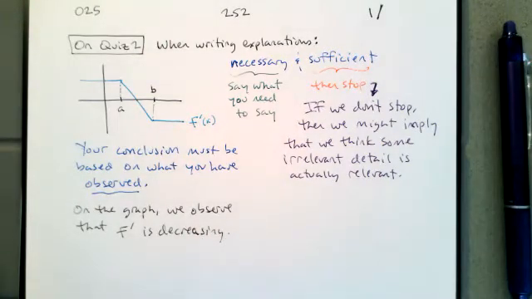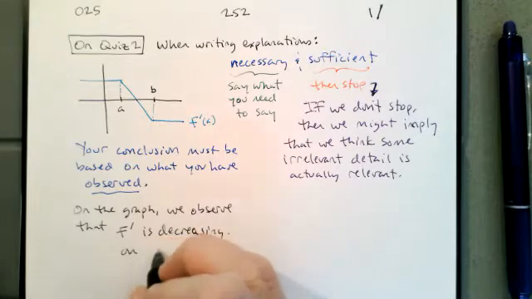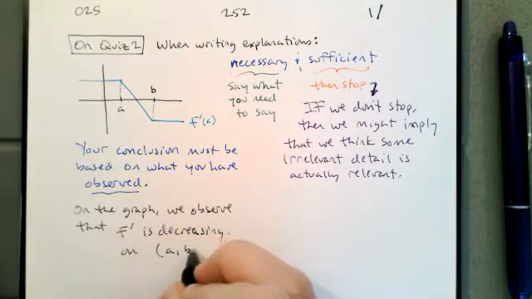That's our observation. Because f prime is decreasing, we can conclude that f is concave down. And we can also conclude that the second derivative, f double prime, is negative on that interval.